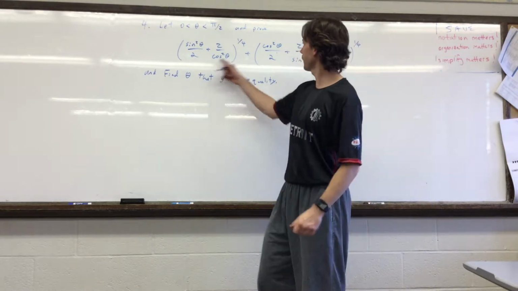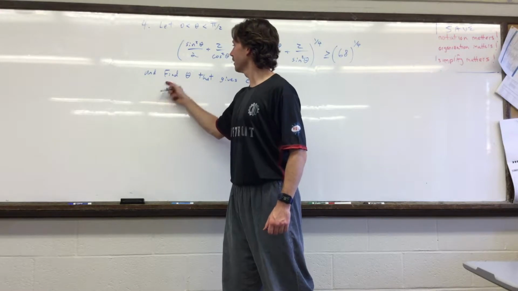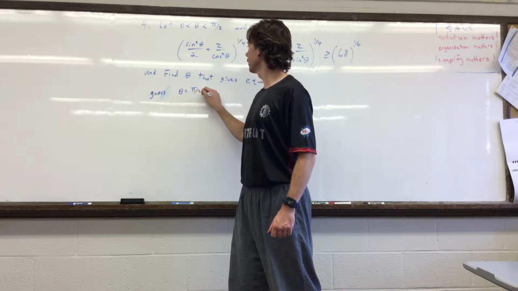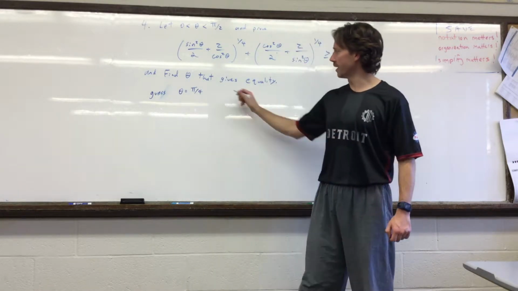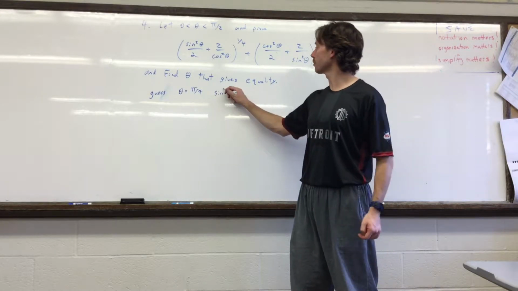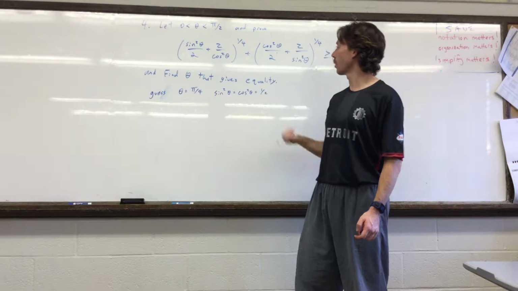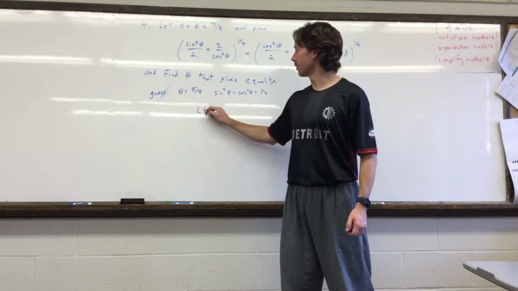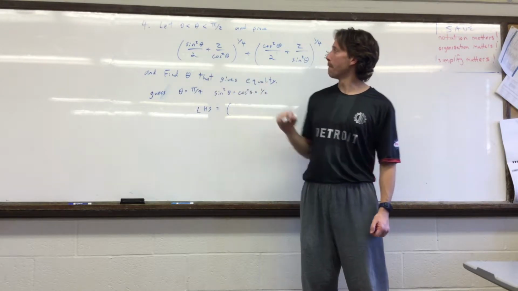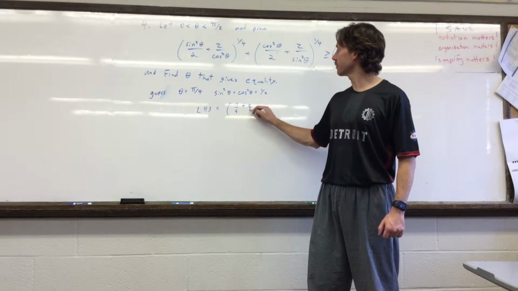Let's see what happens at the midpoint. I'll guess theta is pi over 4. In this case, sine theta is root 2 over 2, so sine squared theta equals cosine squared theta equals 1/2. The left-hand side of the inequality is then 1/2 over 2, which is 1/4, plus 2 over 1/2, which is 4.